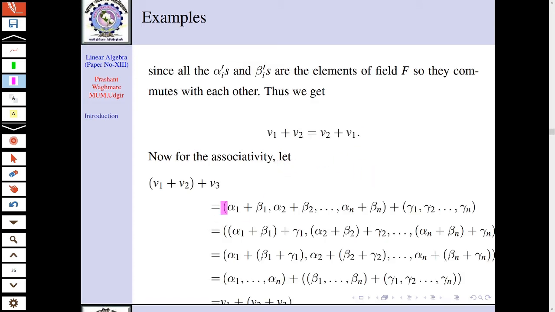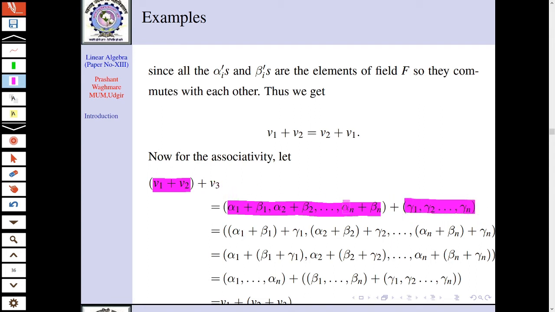It's the same way. For the associativity, if you consider three elements of V, then their addition will be, see here, V1 plus V2 in the first bracket, meaning addition is defined here: alpha 1 plus beta 1, comma, and so on, dot dot, alpha n plus beta n, plus, in the second bracket, this V3.